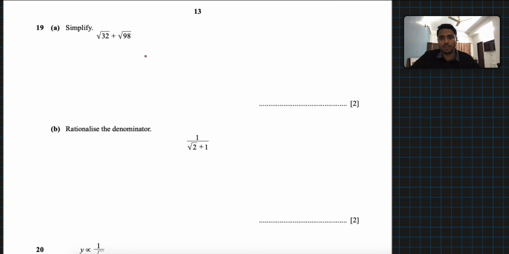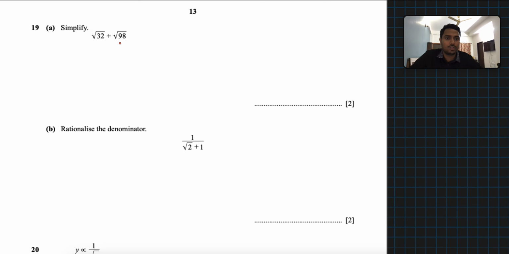It says simplify root 32 plus root 98. Root 32 can be written as, see, 4 squared is 16, 16 into 2 is 32. So this is going to be 4 root 2. 4 root 2 plus root 98.